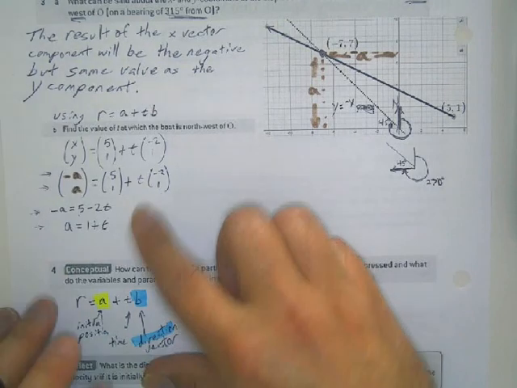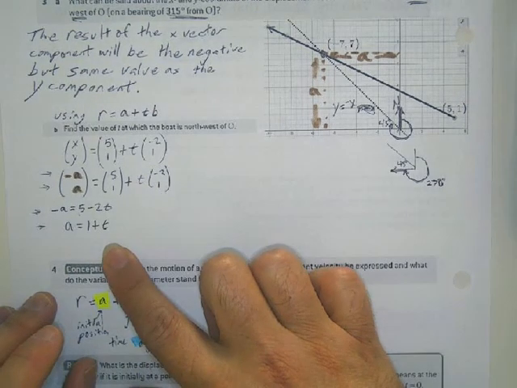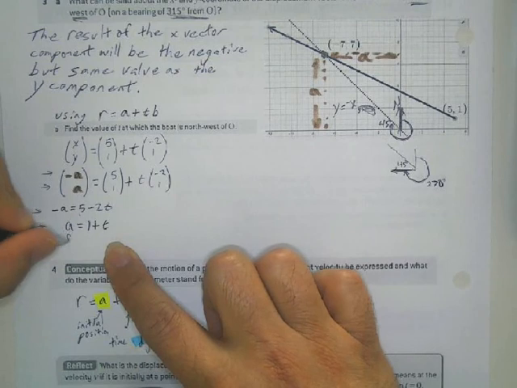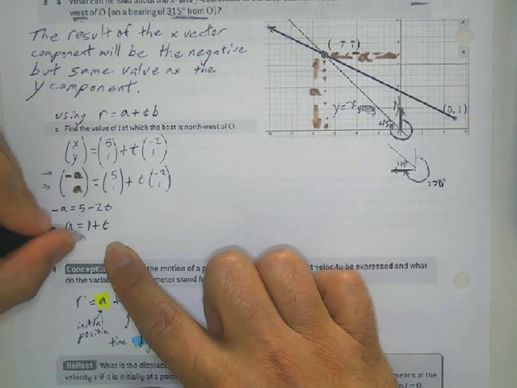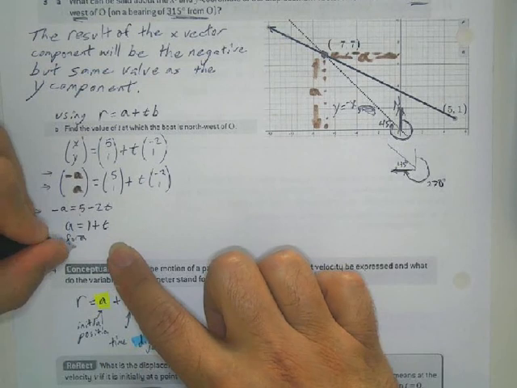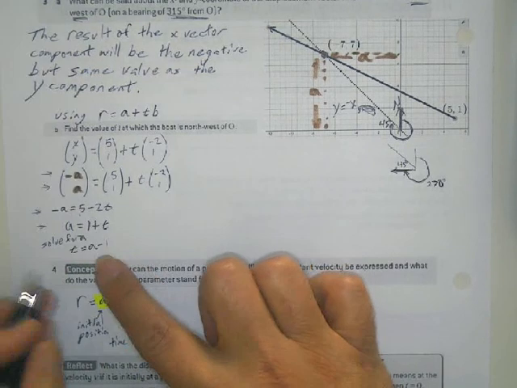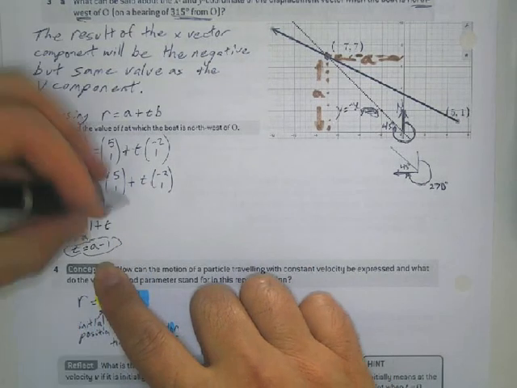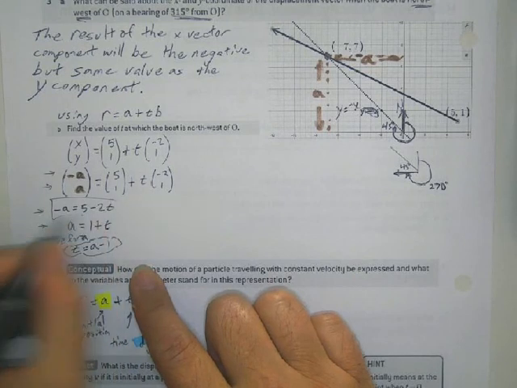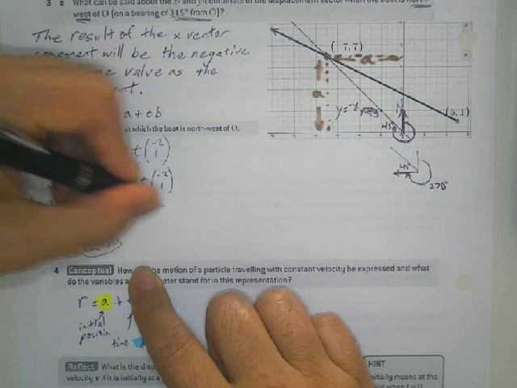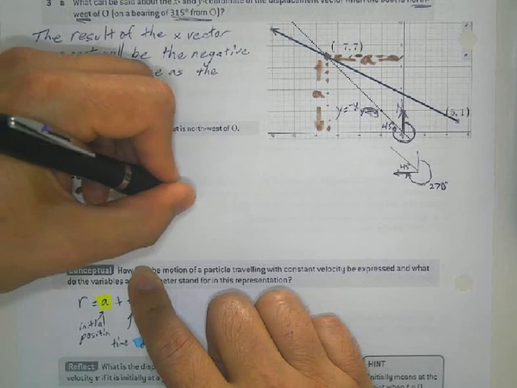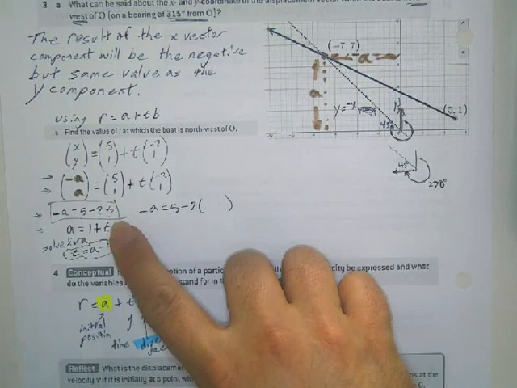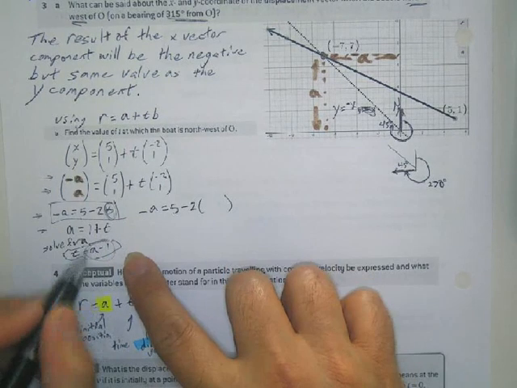Okay, so what I'm going to do here is, if I want to solve for a, I could rearrange this and I could say t equals a minus 1 if I subtract 1 on both sides. And then I can reuse this first equation here, negative a equals 5 minus 2t, but instead of writing t, I'm going to write a minus 1.